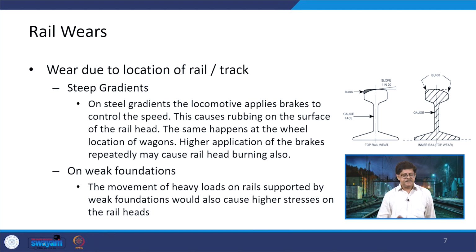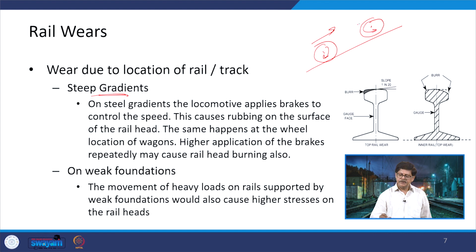Then the third case is the steep gradients. Now, in the case of steep gradients, what will happen? We are moving on a track. If you are going upwards, or there can be another case where the train is coming downwards, in both of these cases the conditions are going to be different.